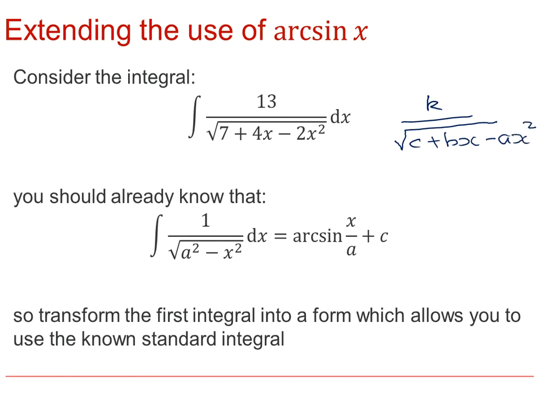Now we already know how to integrate 1 over the square root of a squared minus x squared, and that the standard result is arc sine, or sine to the minus 1, of x over a plus c. So if we could transform the top integral into a form which allowed us to then use the standard integral, we would be able to solve it.